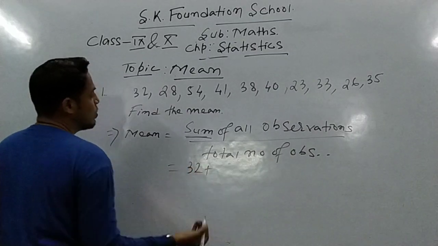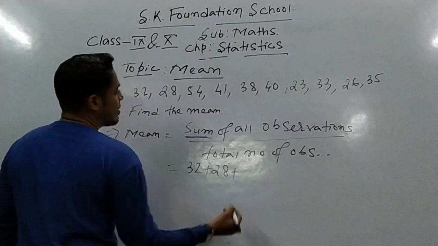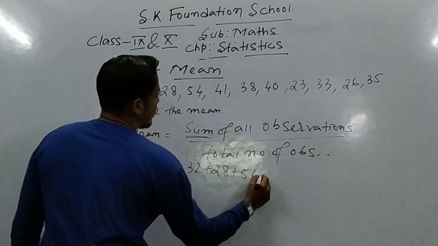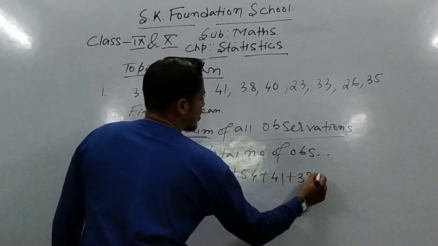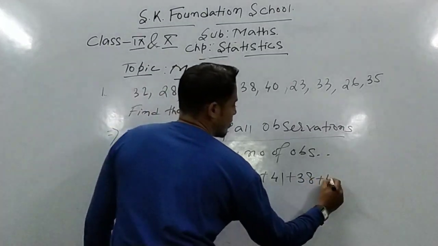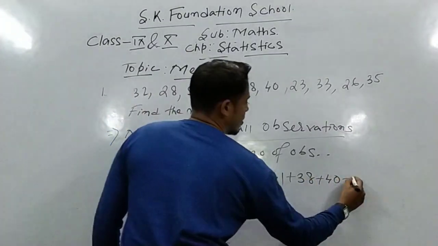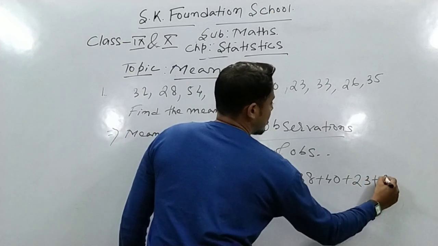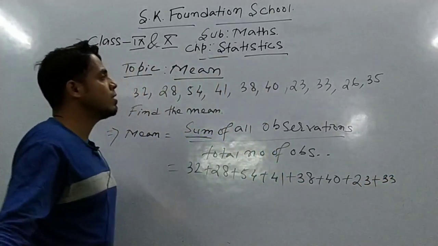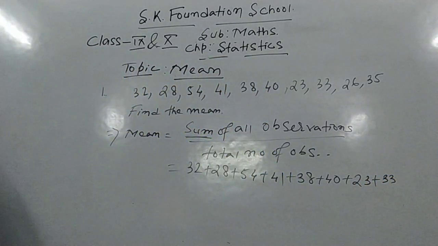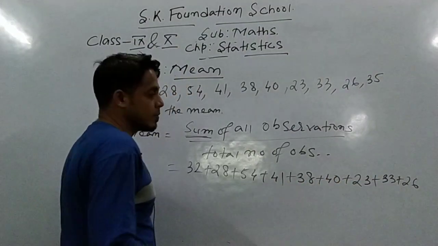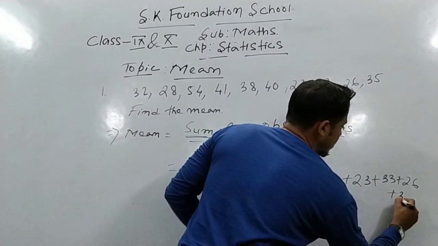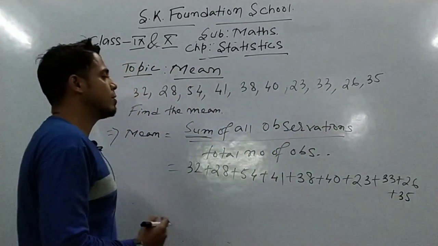So 32, 28, 54, 41, 38, 40, 23, 33, 26, then 35. These are our observations.